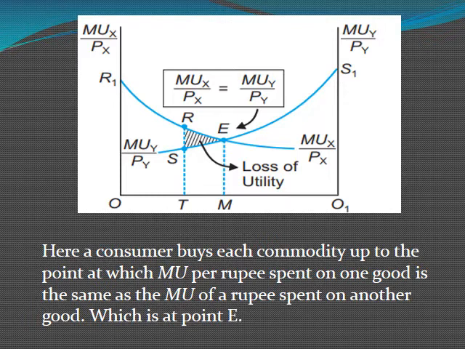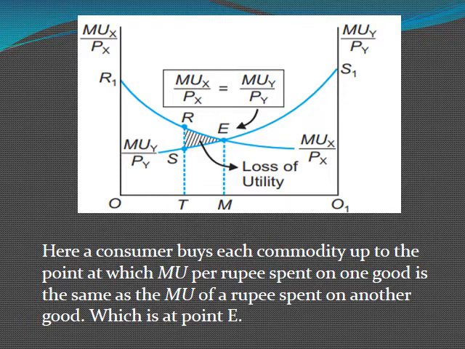And I already told you, as per the law of equimarginal utility, a consumer is in equilibrium when a rupee spent on either of the commodity yields the same level of satisfaction, either on good X or good Y. So it is point E where the additional rupee spent on either of the commodity yields the same level of satisfaction to a consumer.